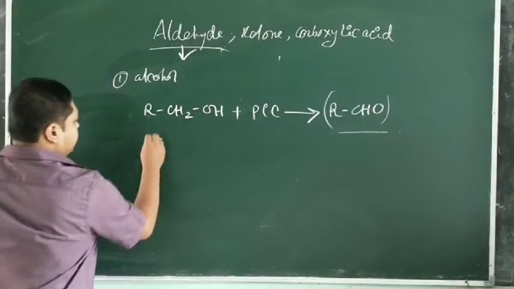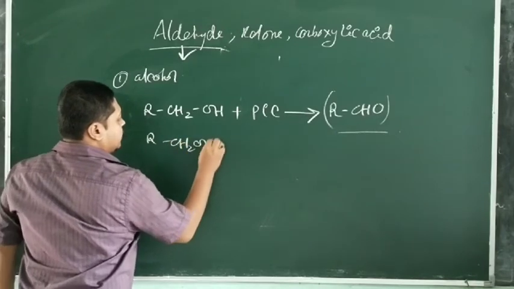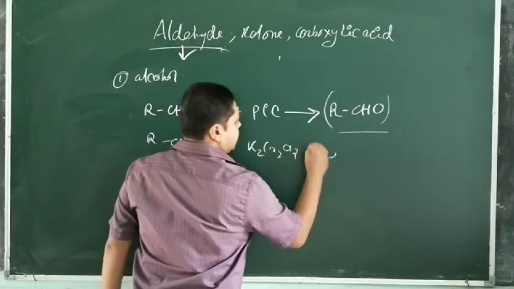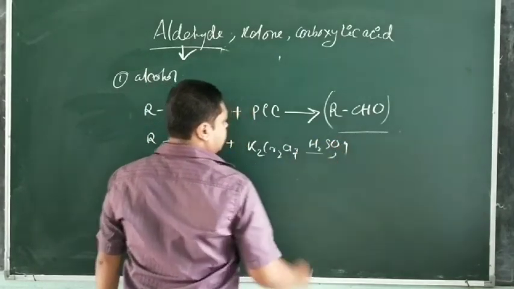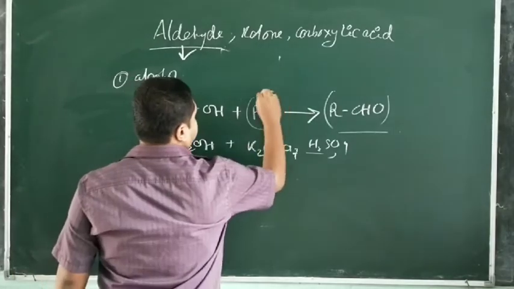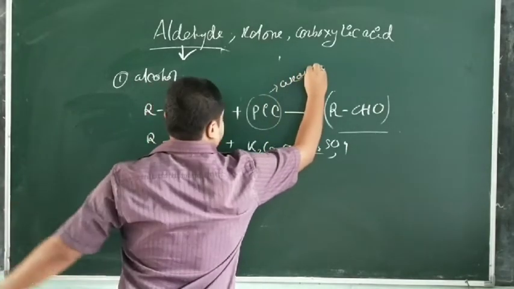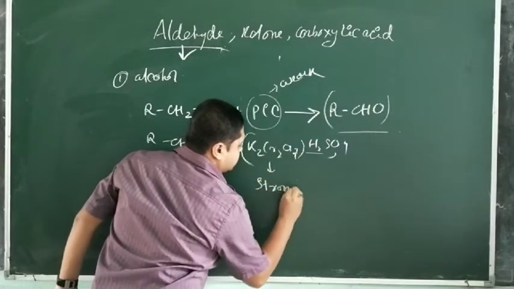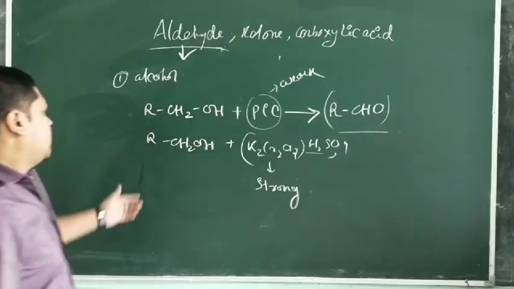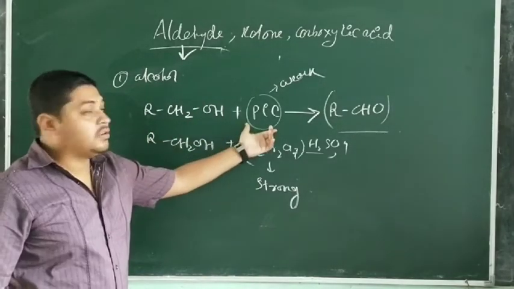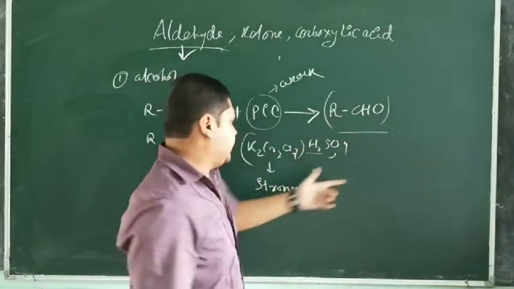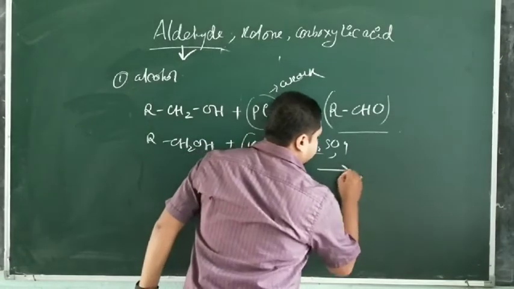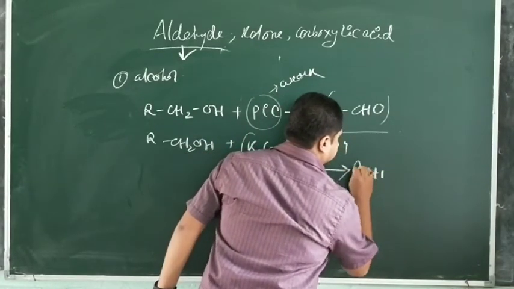But when alcohol is treated with a strong oxidizing agent, that means K2Cr2O7 in presence of H2SO4, K2Cr2O7 is a strong oxidizing agent. The important thing is that when a primary alcohol is treated with a weak oxidizing agent, aldehyde is produced, and with a strong oxidizing agent, the product is a carboxylic acid.